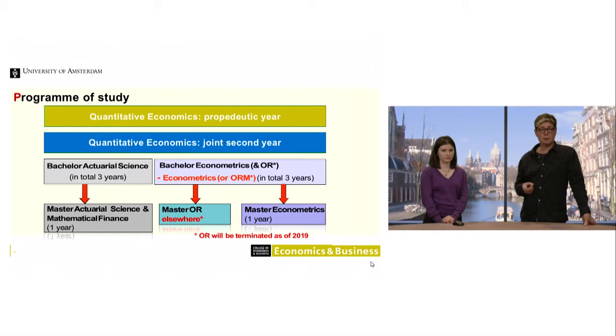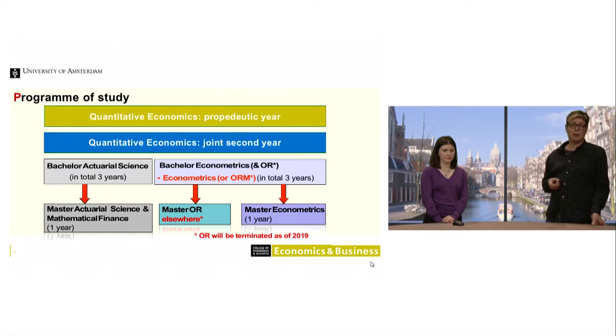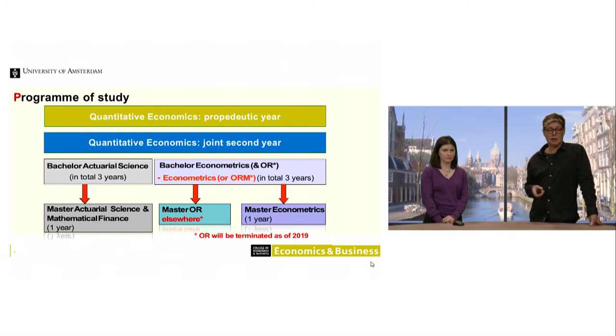After completion of the bachelor, you might opt for an additional year and do a master in actuarial sciences or a master in econometrics. You could do both; you could combine these masters. In the third year, as we will see in a minute, you will have electives, where you can freely choose your courses.